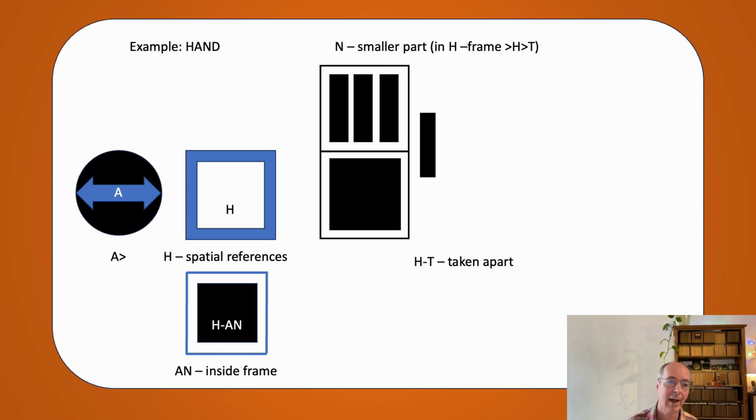So I have here the hand, you have the spatial references. Inside is of course the A, or the framed center, which is inside because of the N. So I have this inside frame. The next frame of the space will be the smaller parts, because of the N, and because of the T I have an extra frame.